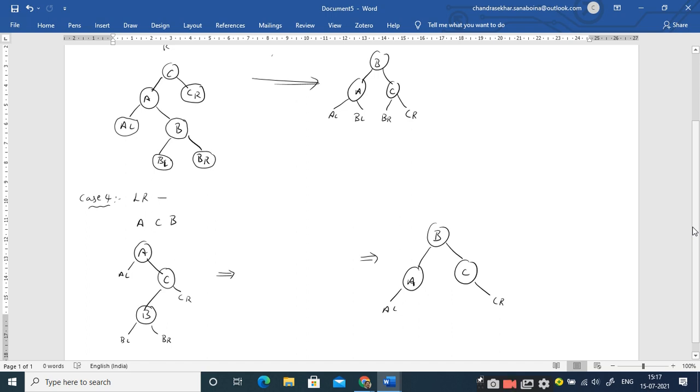But what happens to BL and BR? As in the previous case, the BL becomes the right child of A and the BR becomes the left subtree of C. So these are the few examples you have to take. Is it clear?